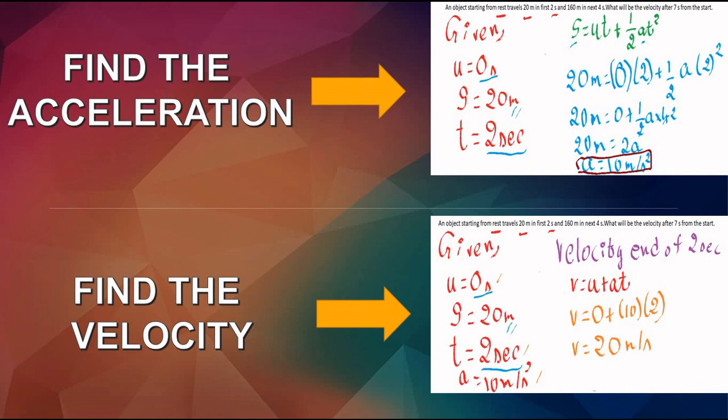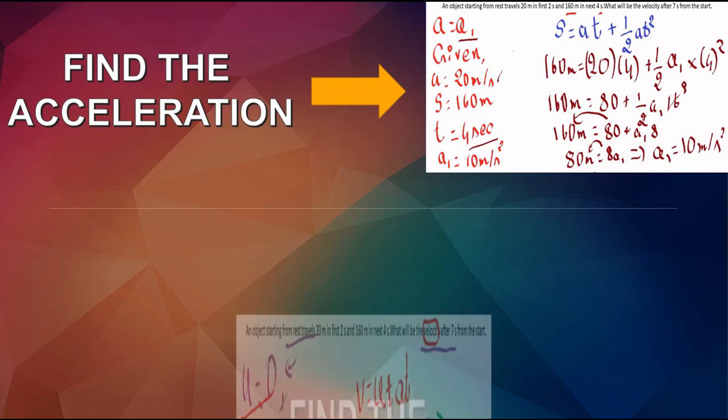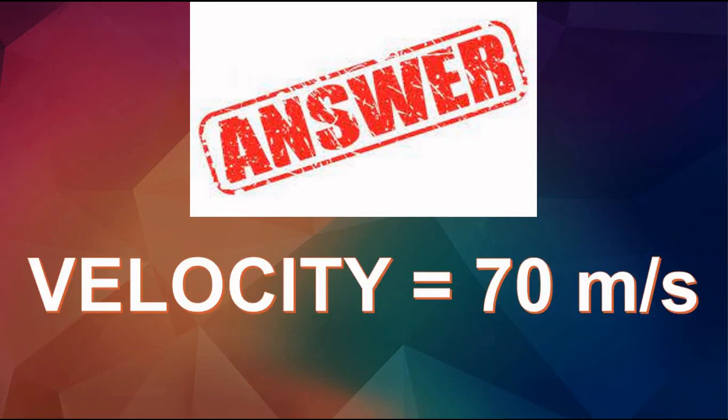Then we came to the second part of the question. In the second part also, first we have to find the acceleration, and we got it as 10 meter per second square. And then we found the velocity after 7 seconds. So finally we got the answer as velocity is equal to 70 meter per second.